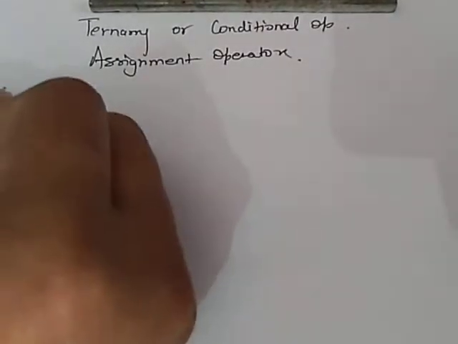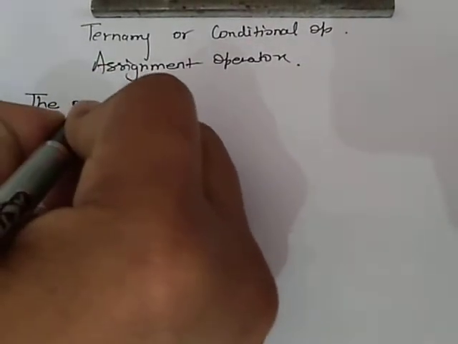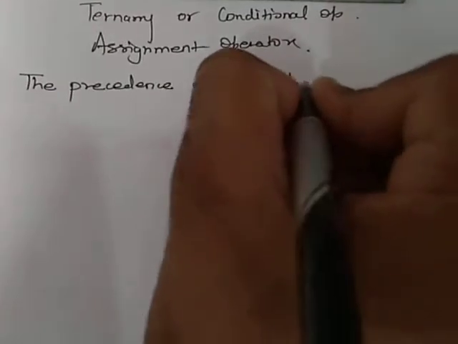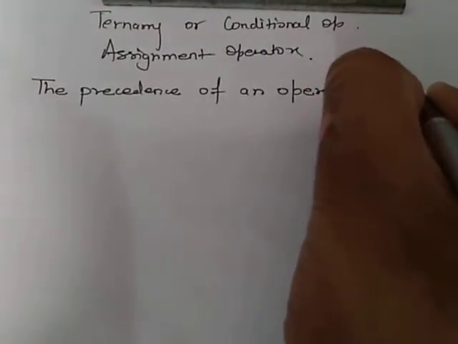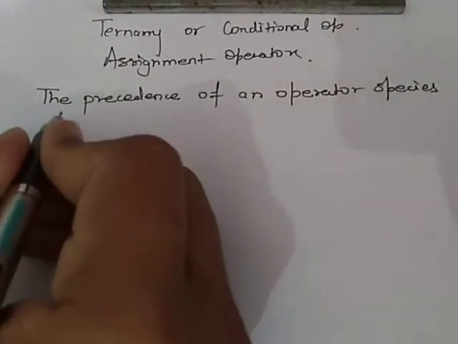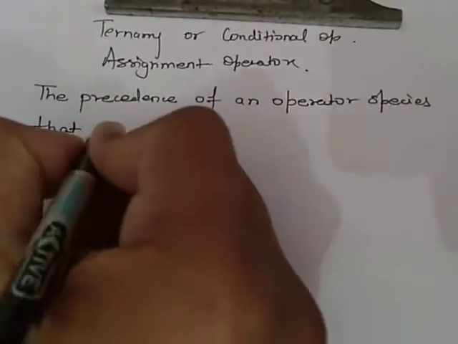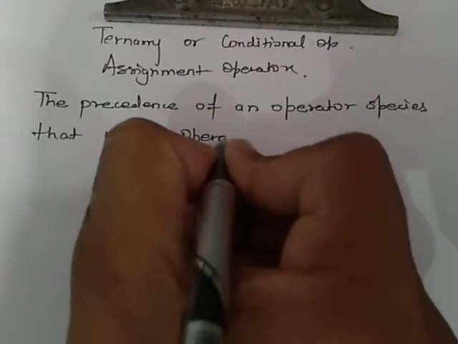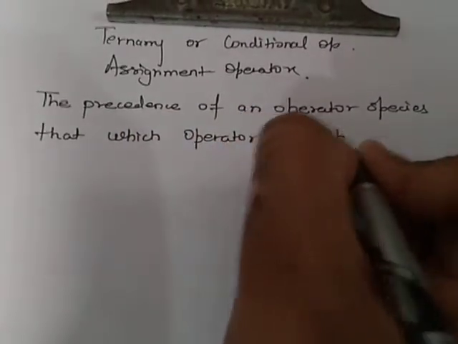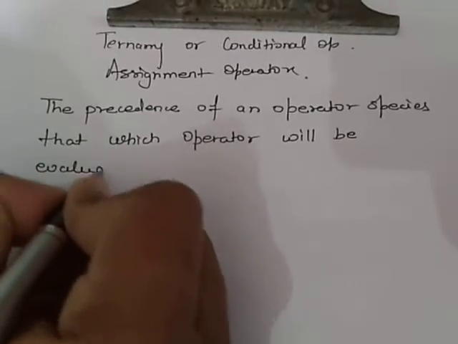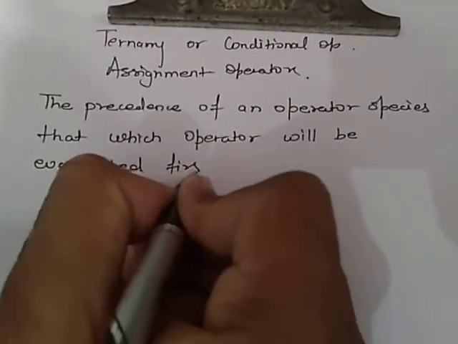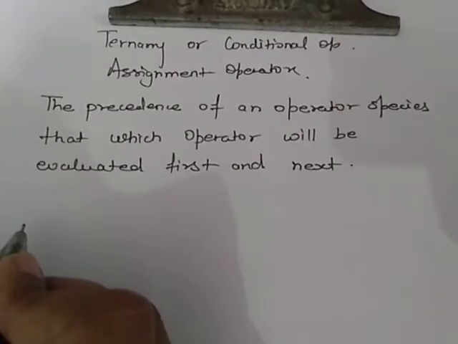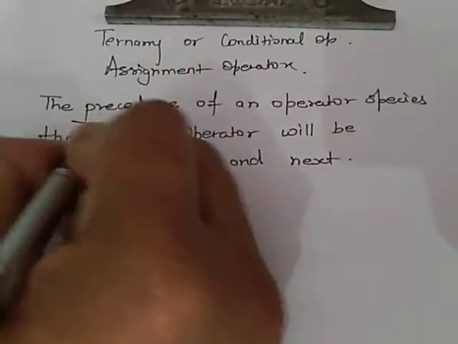Now the precedence of an operator specifies which operator will be evaluated first and which next. The precedence comes with associativity.